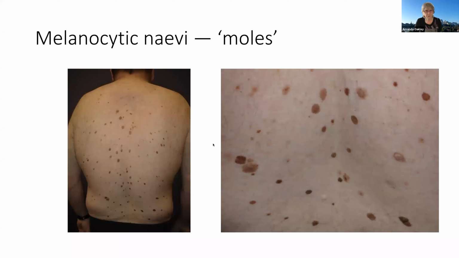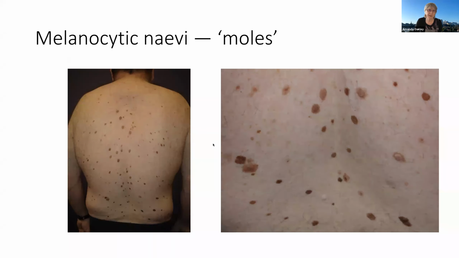When we talk about somebody having a mole or many moles, that's the lay term for melanocytic nevus or nevi, plural. And they can be very varied from one person to the next. And in some individuals, they can vary from one lesion to the next.